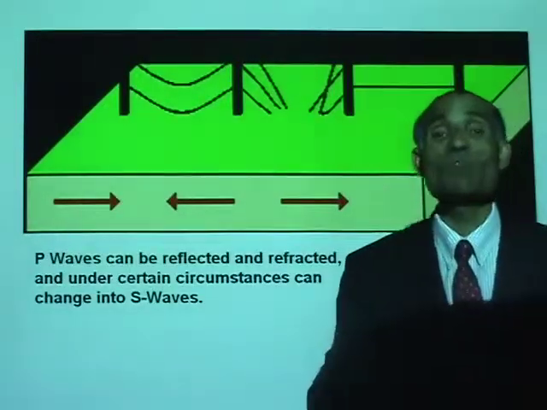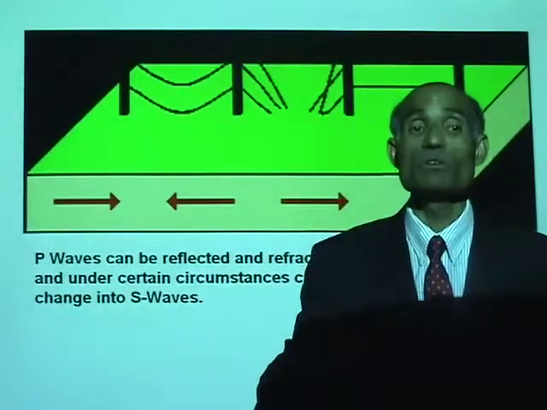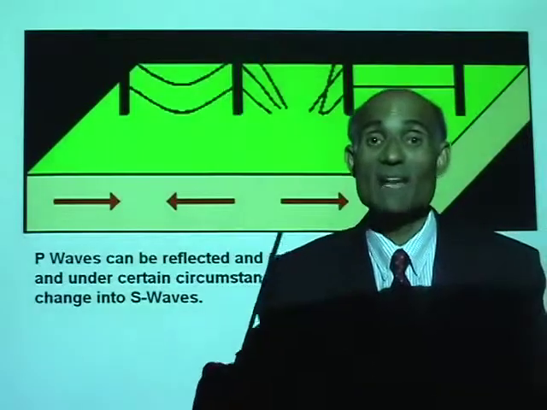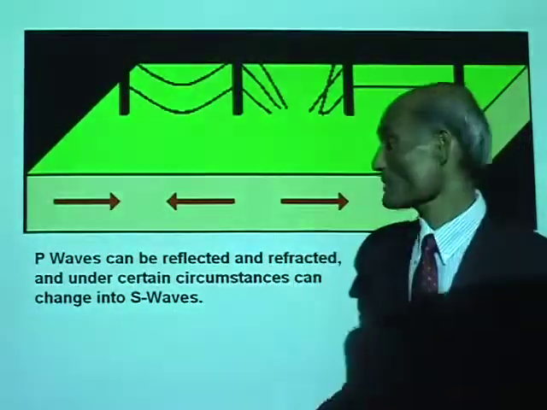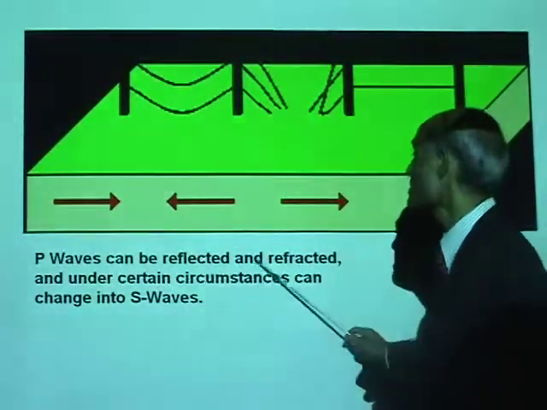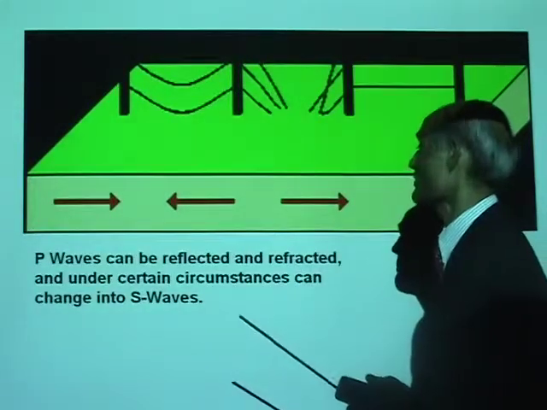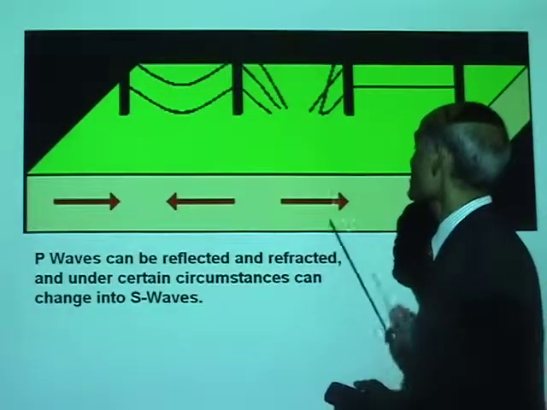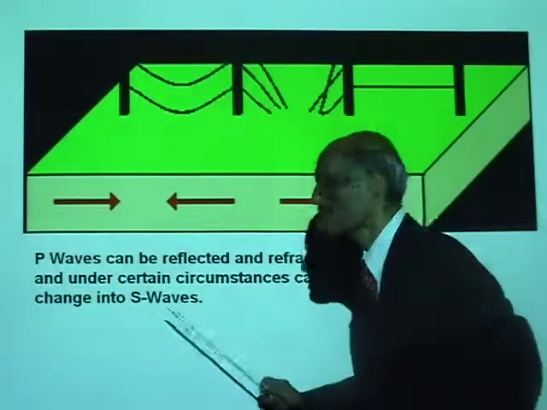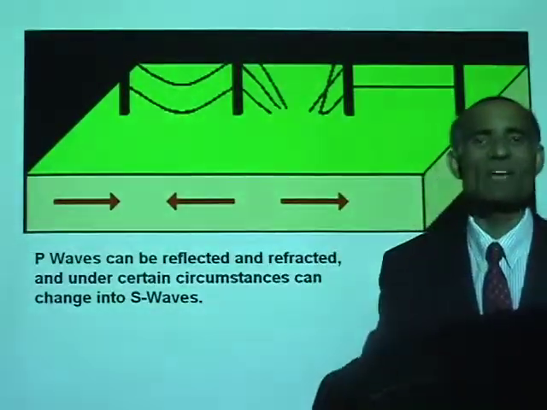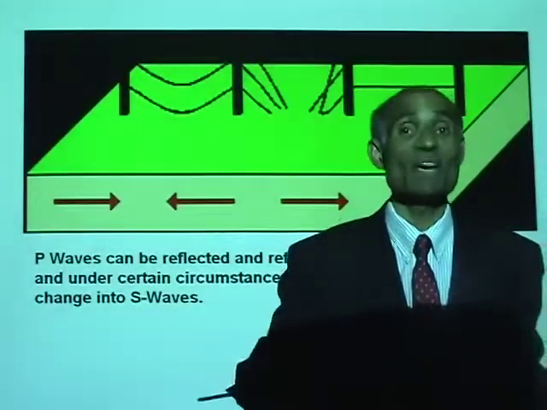And you know, P waves can travel through solids and liquids. P waves can be reflected and refracted, and under certain circumstances can change into a second type of wave called the S wave.